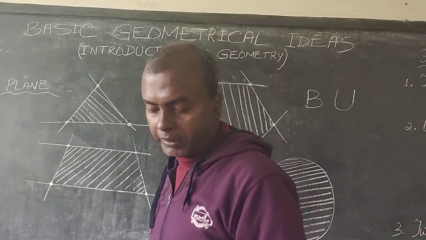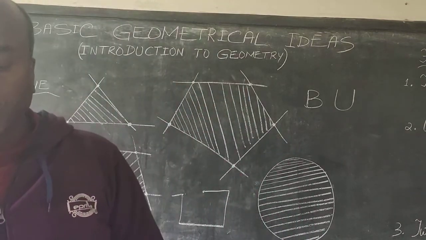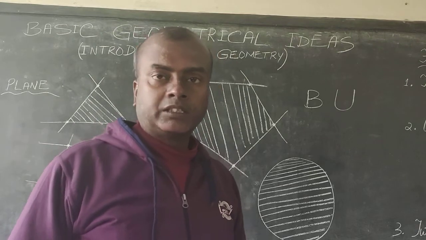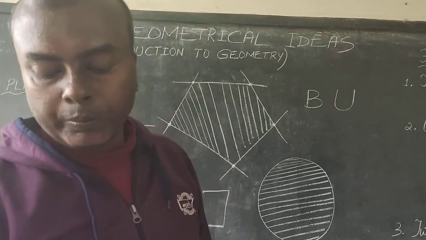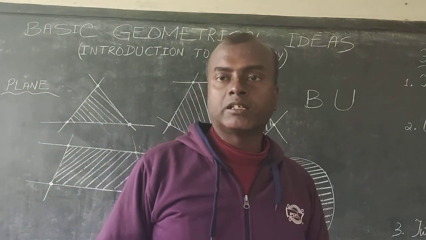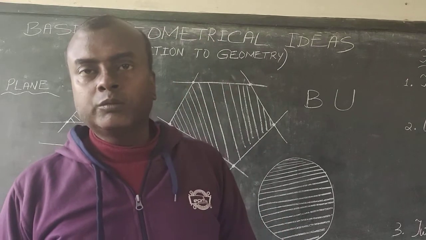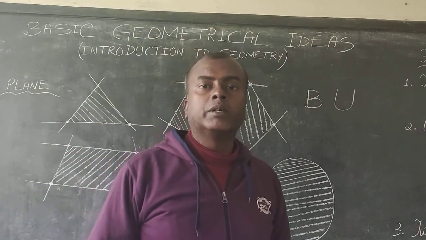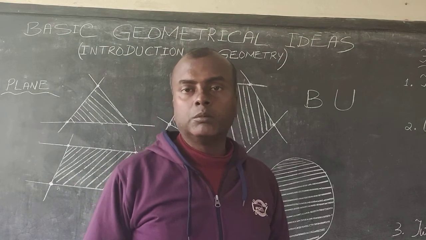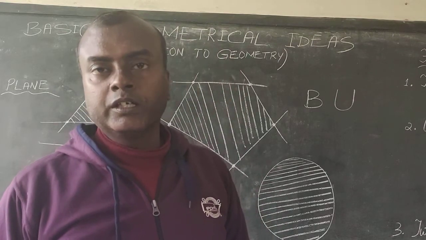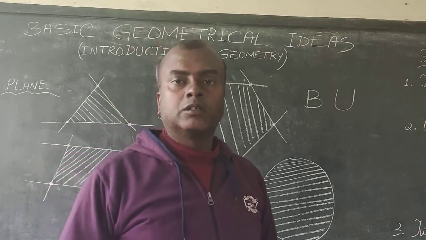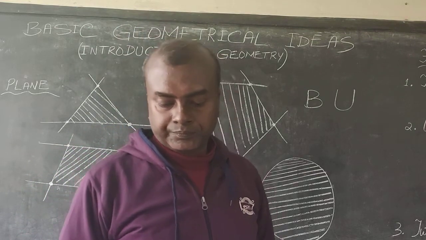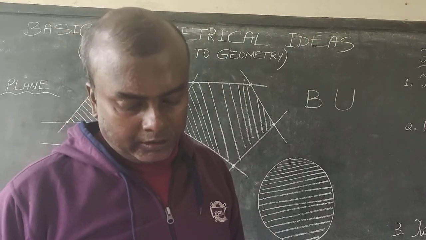In your book, page number 233, right on top of the page, you will see the heading open and closed figure. Go through that. So remember, in closed figures, all the lines, whether straight or curved, will be connected. No gaps. Open figure, there will be gaps. Closed figure, no gaps.